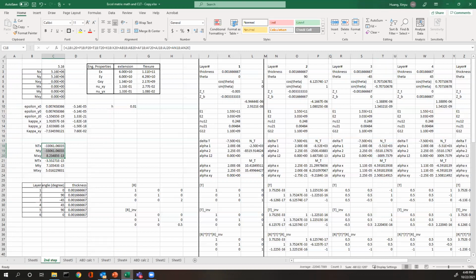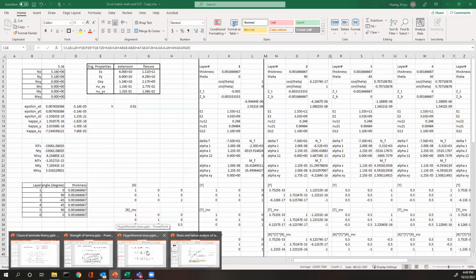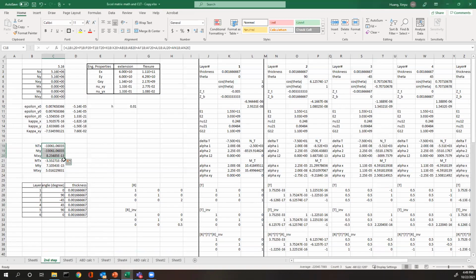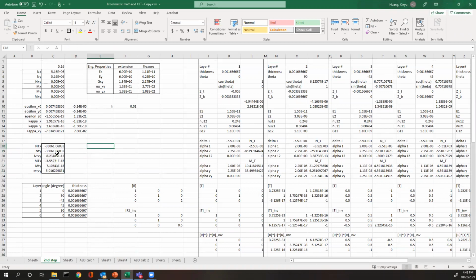This is the total hygrothermal fictitious loads from all layers. According to this equation here, the sum, k equal to 1 to N, that's implemented in my code over here. This is the sum of the moment load, the sum of the force load. This is my effective hygrothermal load with contribution from all layers. Okay. Any questions?